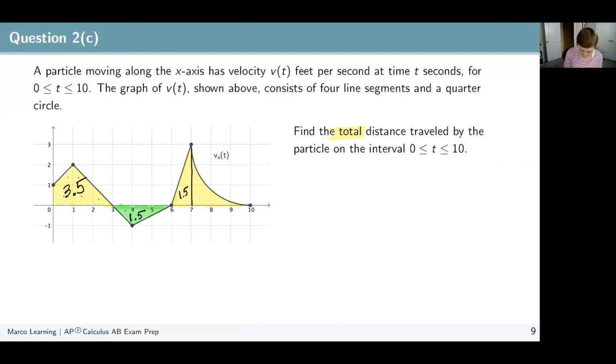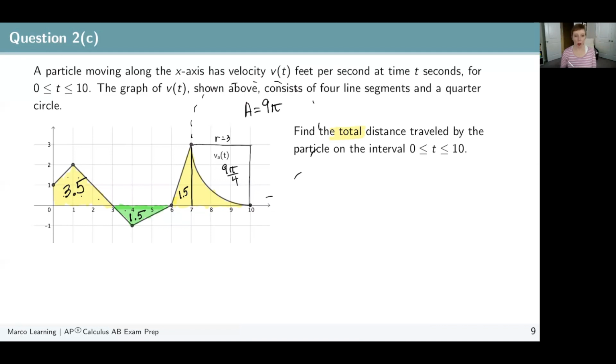So if we filled in the quarter circle, we would have a 3x3 rectangle, which would have an area of 9. And from that, we want to take away the area of the quarter circle. So the quarter circle has a radius of 3. That means that the entire circle, the area of the whole circle would be 9 pi. So the area of the quarter circle is 9 pi over 4.